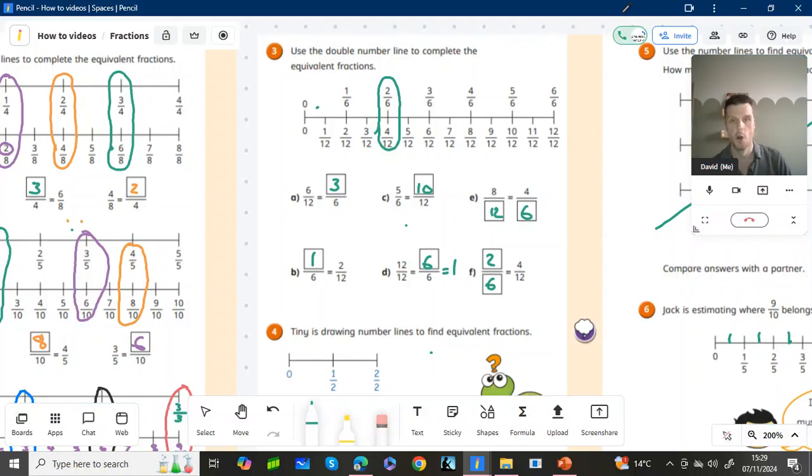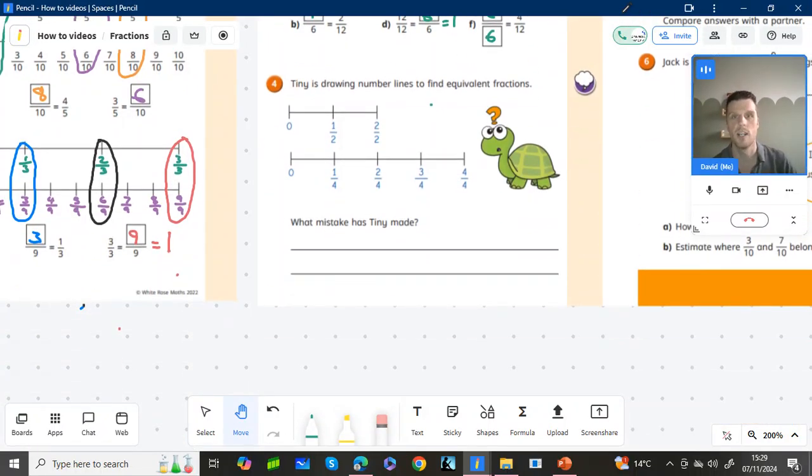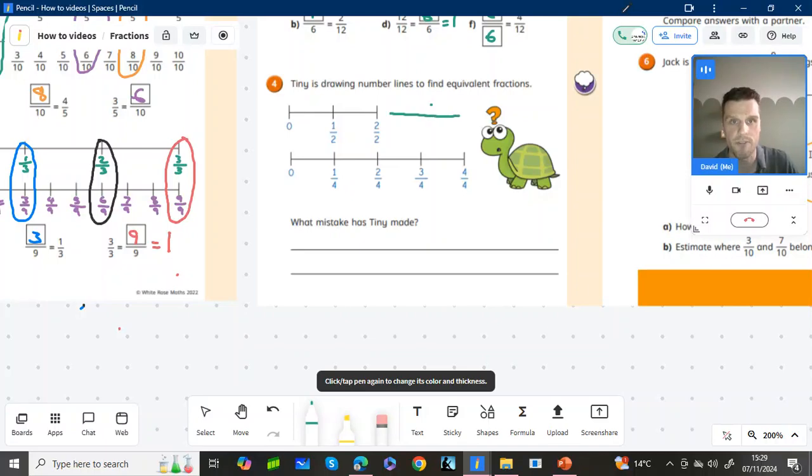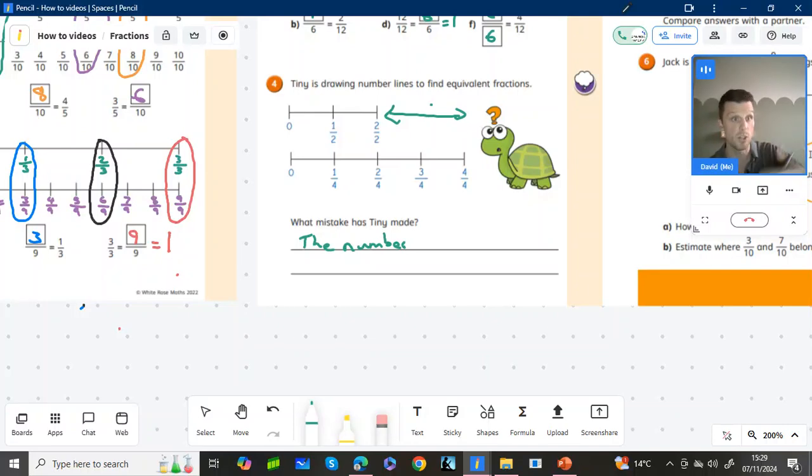Okay. Moving on to question 4. As you remember from the PowerPoint, our number lines have to be the same size. As you can see, there's a difference there. So the mistake made is the number lines. And I deliberately write it using my stylus pen here to model how I would expect a pupil to write this as well.